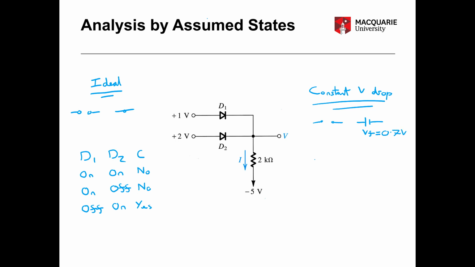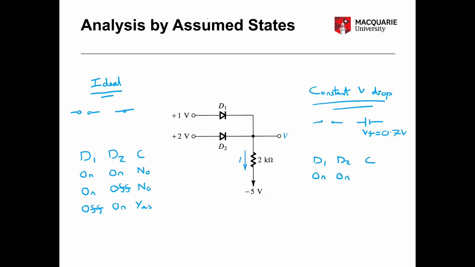So if we make another table of our diode states, and once again we work through and we look for those inconsistencies and try to find the consistent condition. So as before, we'll first assume that both diodes are on.